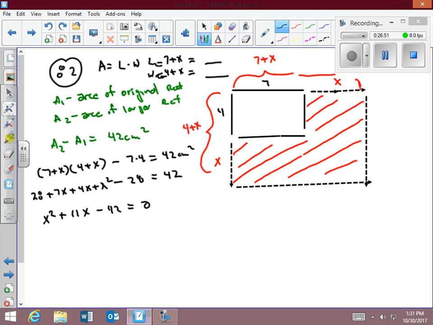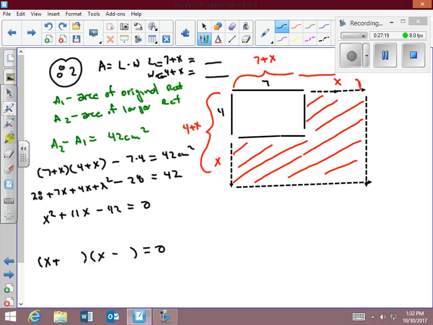So now I'm looking at that trinomial: no common factor, descending order, leading term positive, not a special case trinomial. I'm going to factor by trial and error over the integers. It's going to be x and x with signs what? Opposite signs, right? Because it's a minus 42.